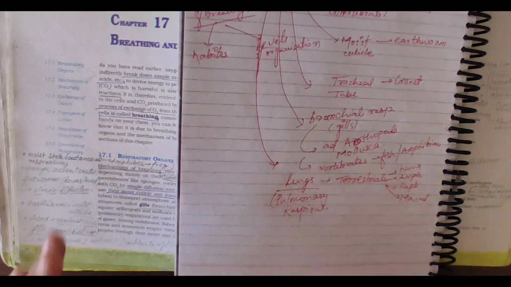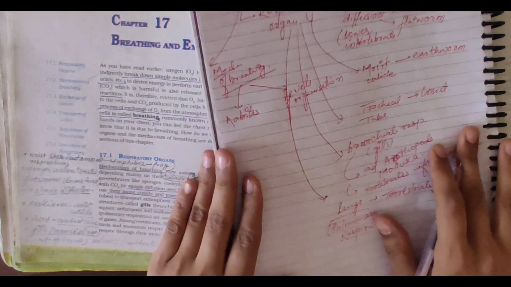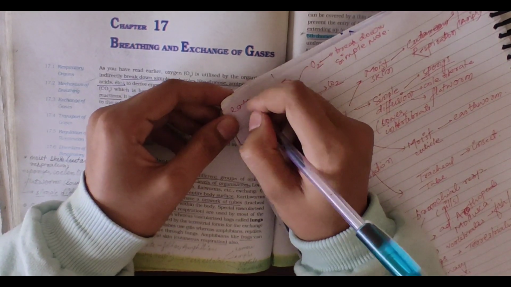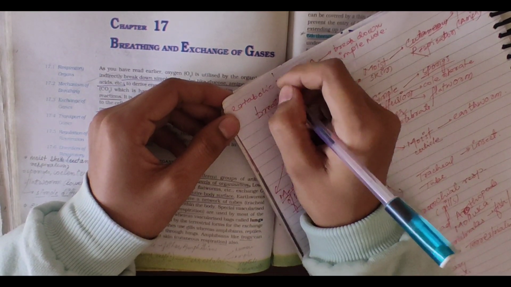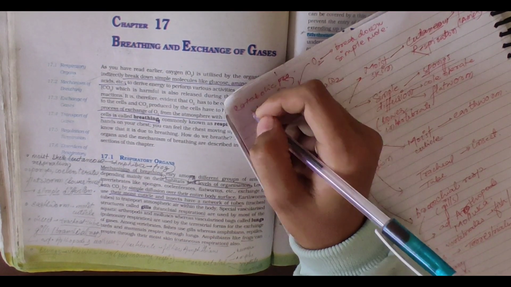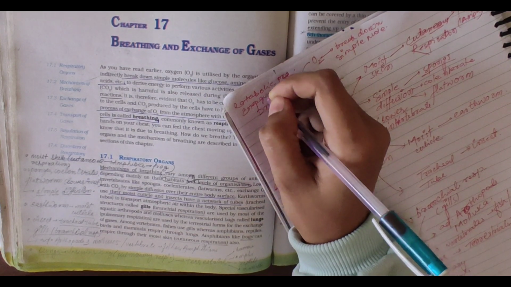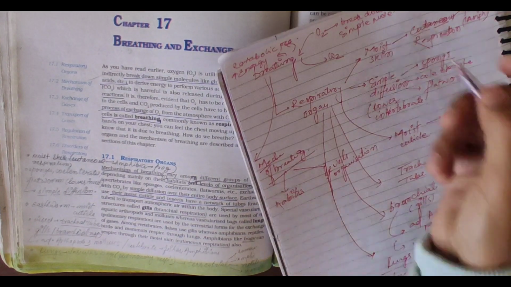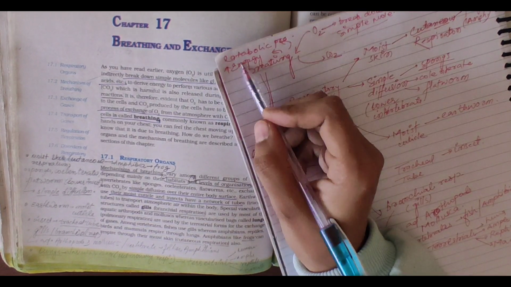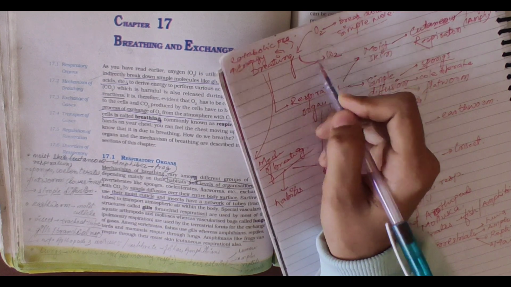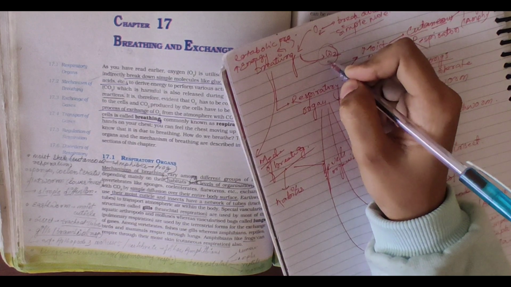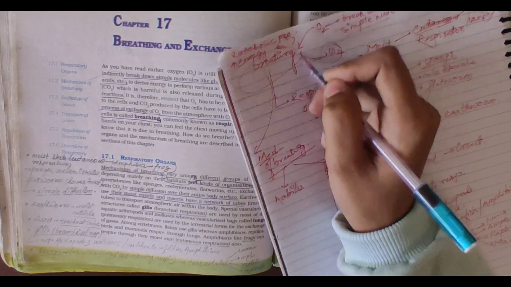So let me revise so that you can recall all the things. First thing, breathing is a catabolic process, and it is concerned with liberation of energy. So we take oxygen to break down the simple molecule in order to obtain energy, okay, and we release carbon dioxide, and the exchange of oxygen from the atmosphere with carbon dioxide is known as breathing.